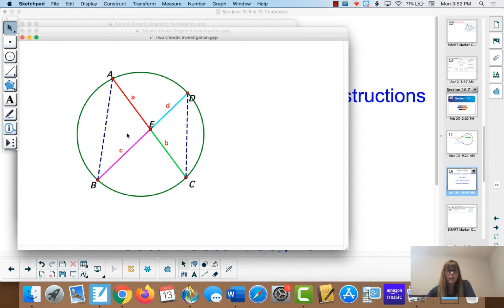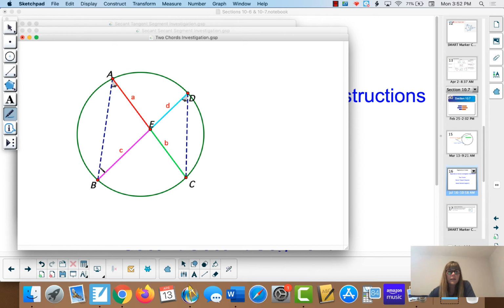So hopefully you are able to see that angle A and angle D are congruent because they're inscribed angles that intercept the same arc.